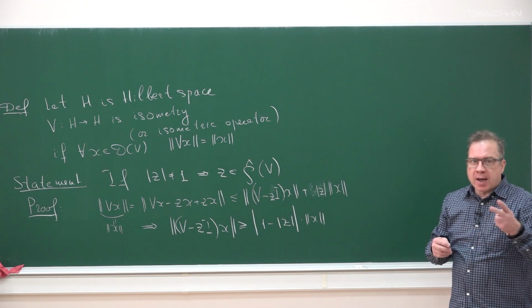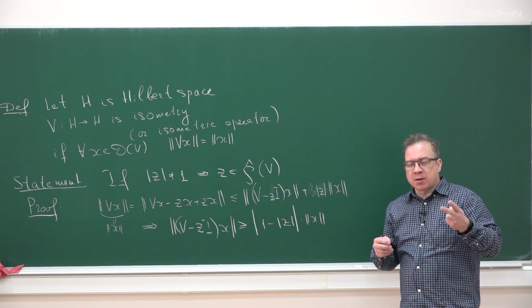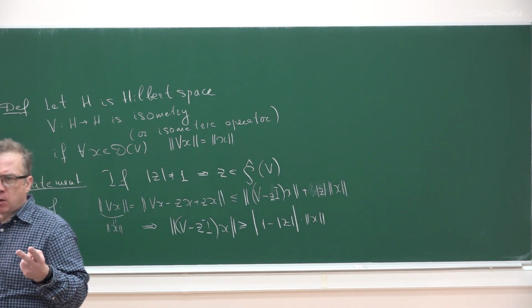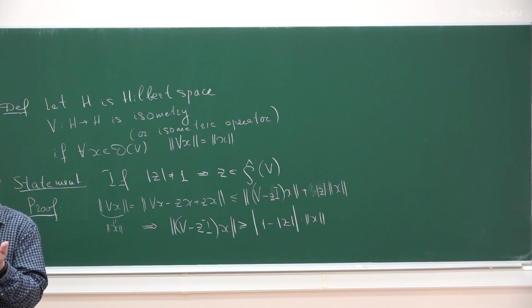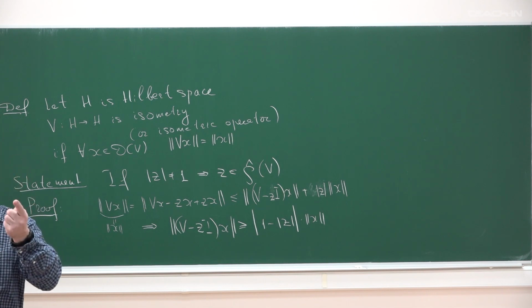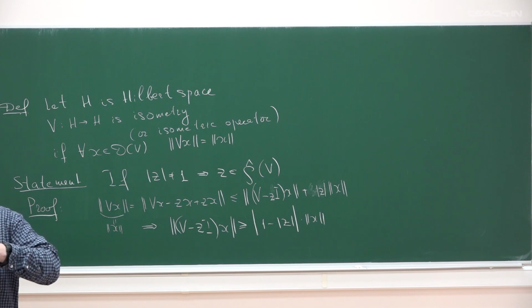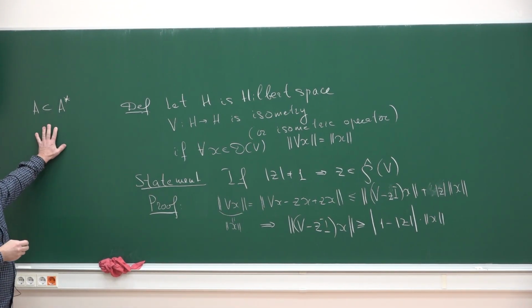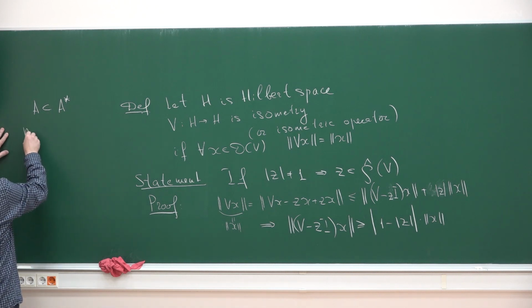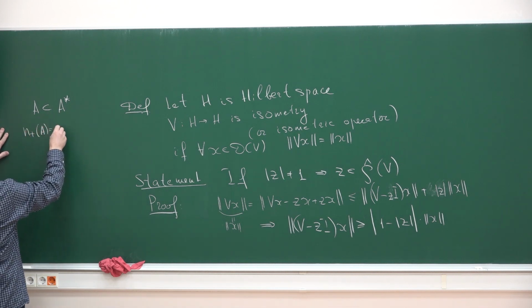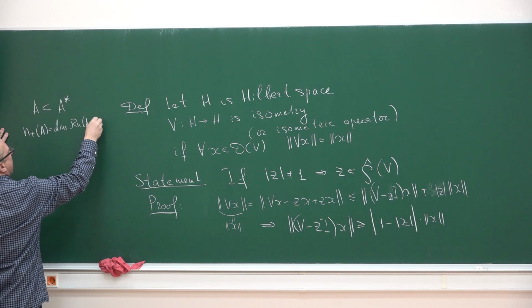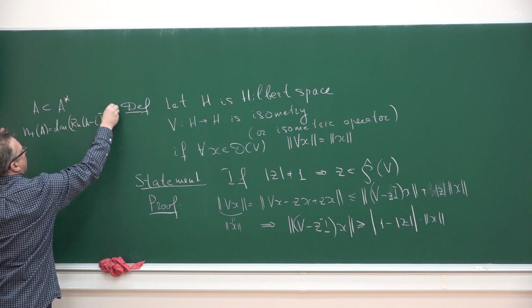So you can define again two numbers, defect numbers or deficiency index. For a symmetric operator, we define two numbers, in the upper half plane and in the lower half plane. I remind you that A is symmetric. We have n plus of A, the dimension of the range of A minus i, orthogonal complement.